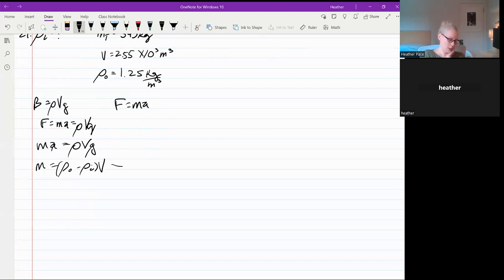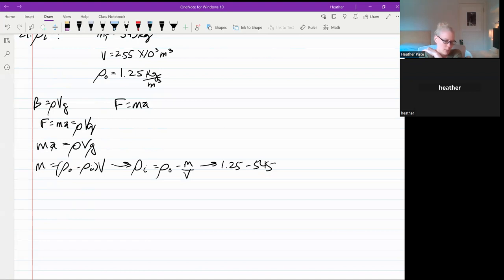And we want to rearrange this for rho I. So rearranging, we have rho I equals rho of the outside minus m over volume. And these are all givens. So we just need to plug in numbers. 1.25 minus 545 divided by volume.